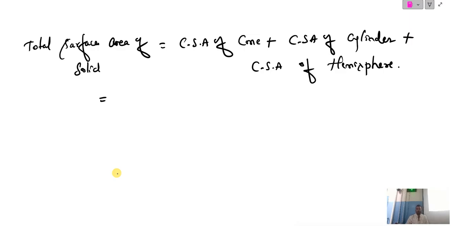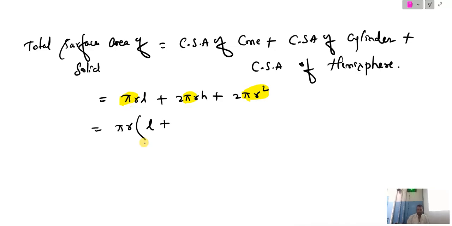Now the formula: curved surface area of cone is pi r l, plus curved surface area of cylinder 2 pi r h, curved surface area of hemisphere 2 pi r square. Common pi r. Am I right? Pi r, this is l plus 2h plus 2 one time of r. This is h of whom? Cylinder.